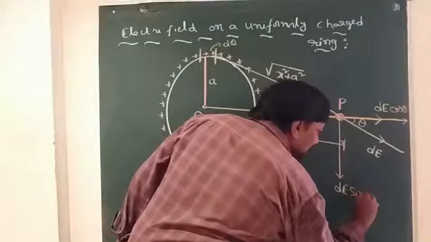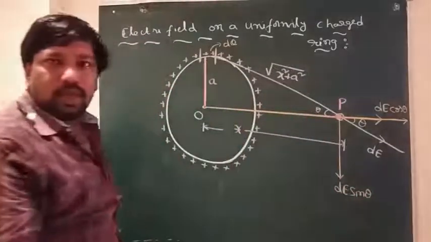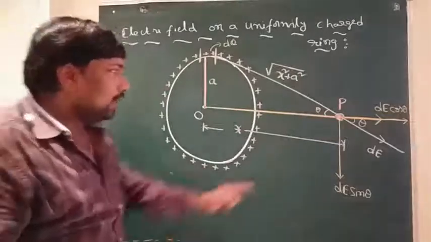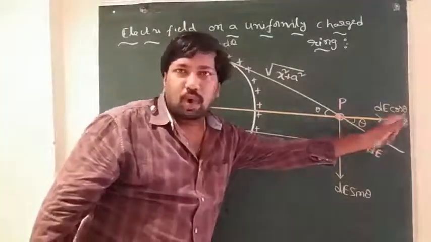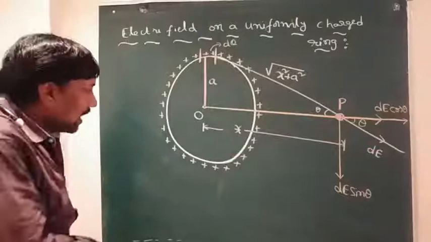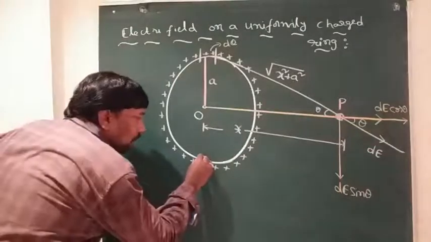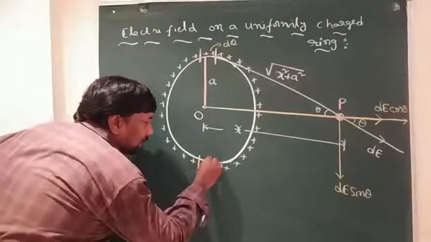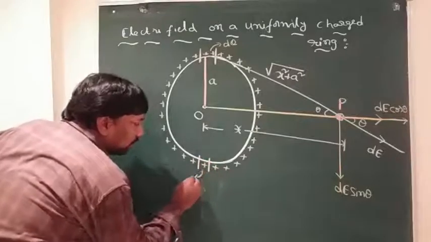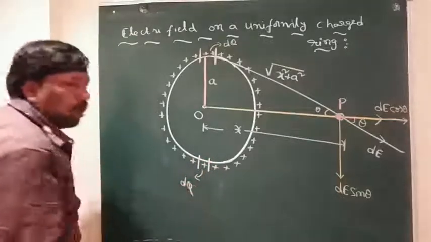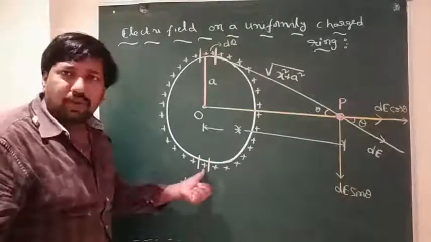Here dE sin theta is along the negative y-axis, and dE cos theta along the positive x-axis. At the same time, take another small segment at the bottom of the ring.